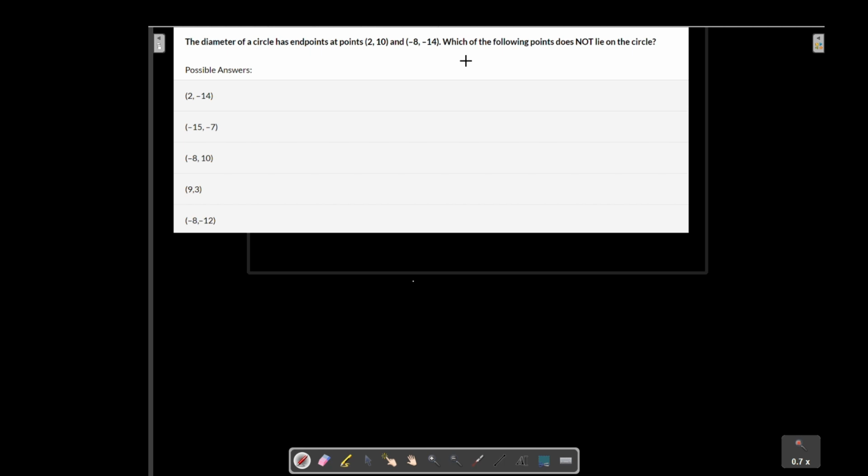Okay, let's discuss how to find the equation of the circle. They are saying the diameter of the circle has endpoints at 2, 10 and negative 8, negative 14. If this is the circle and this is the diameter, on one side we have negative 8, negative 14, on the other side we have 2, 10.